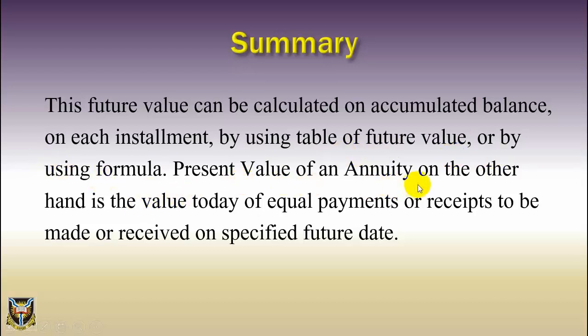Present value of an annuity, on the other hand, is the value today of equal payments or receipt to be made or received on specified future date. Like the future value, you can also calculate present value in different ways. The logic of calculating annuity is used in sinking fund calculation. Sinking fund involves investing an equal amount annually.